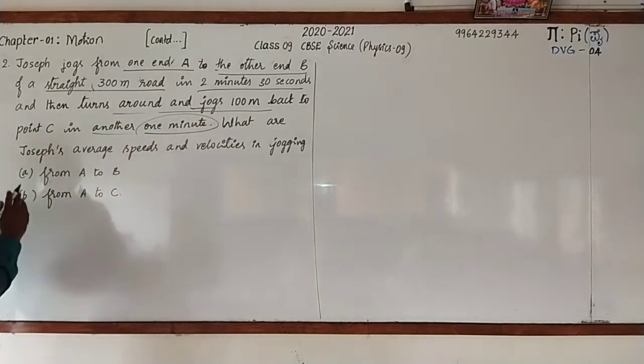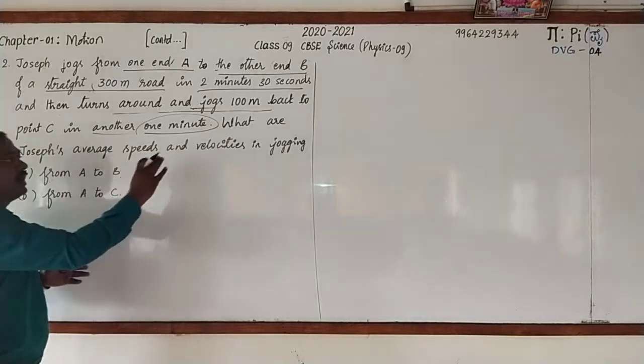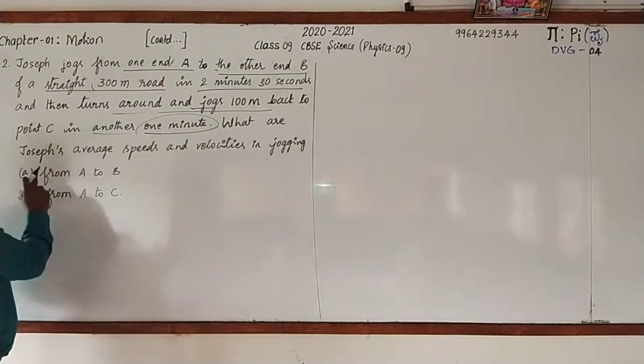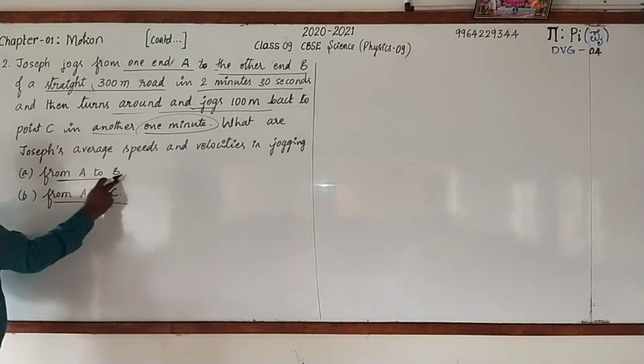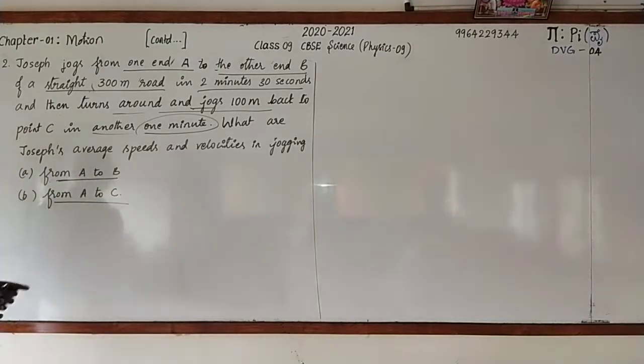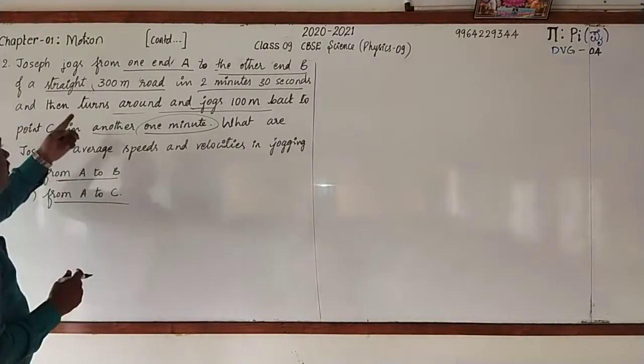If so, what are Joseph's average speeds and average velocities in jogging? There are two different cases. One is from A to B and another one from A to C. Clear? Now, I hope that you have understood the statement.